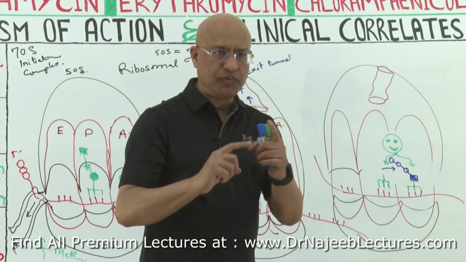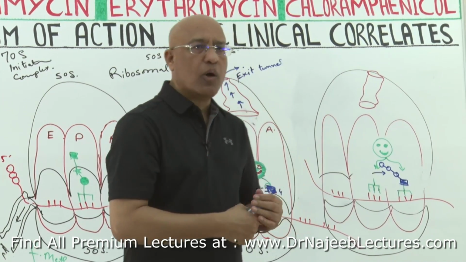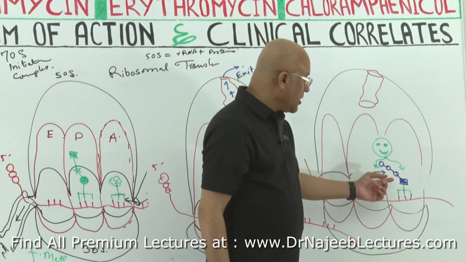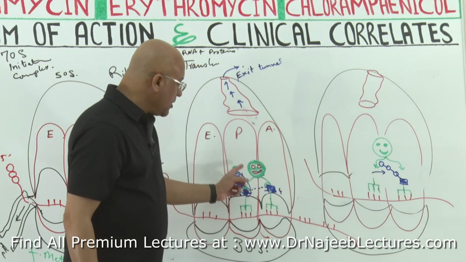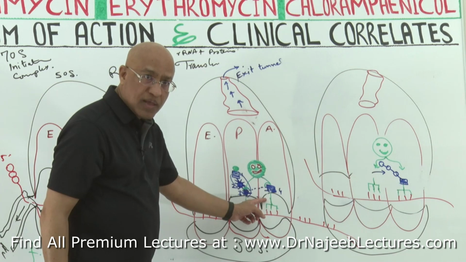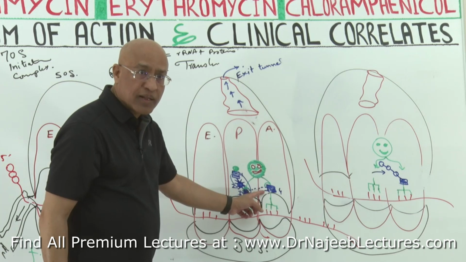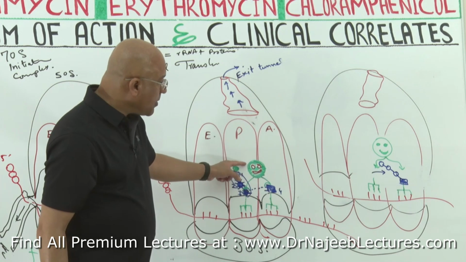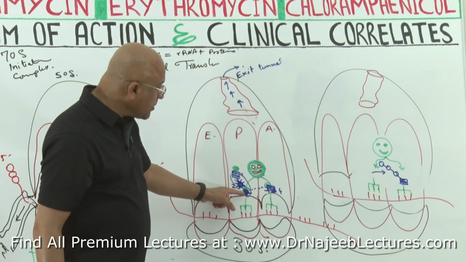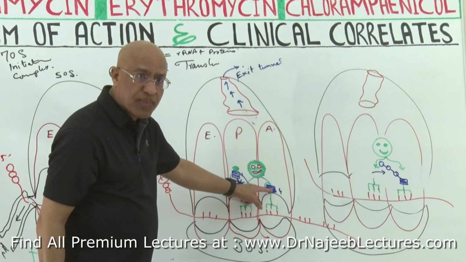Again, I know it's getting confusing. First, listen to one thing. Up to now, for chain elongation, we have received a new transfer RNA at the A site, bringing a new amino acid. Then peptidyl transferase, the ribozyme, was activated and made a bond between the nascent peptide chain and the new amino acid.